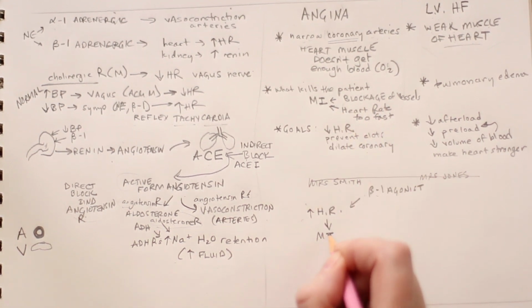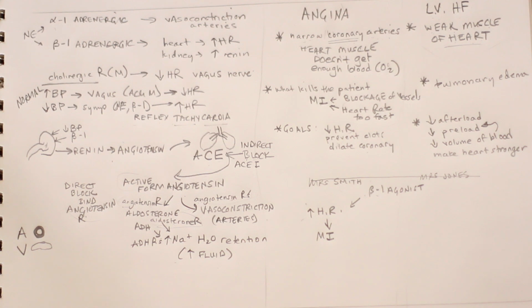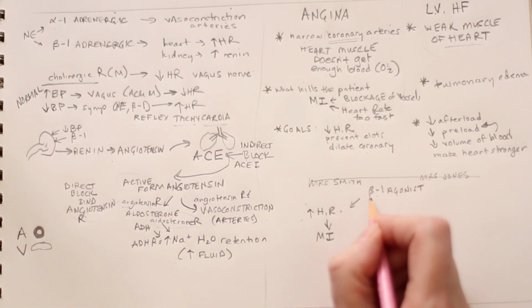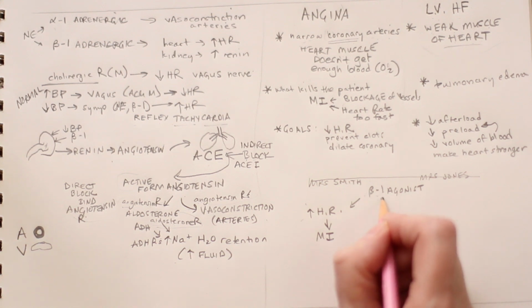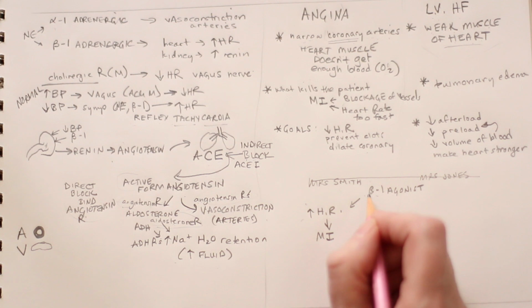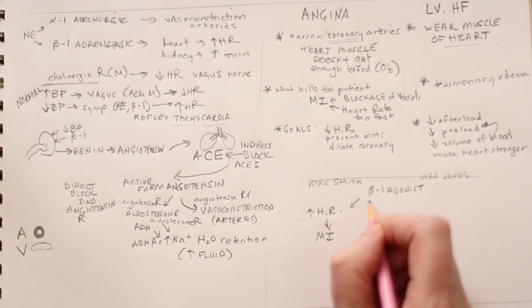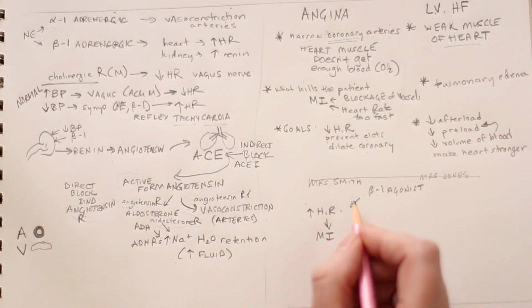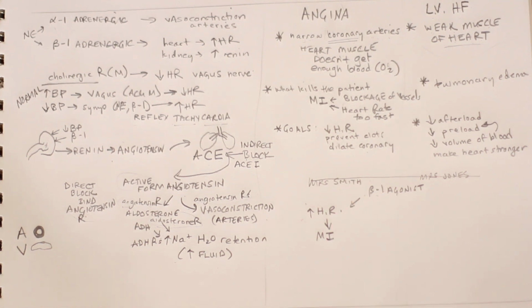Oh, that's not good. Now everyone is sad. Okay, but that's what kills Mrs. Smith. The specific mechanism is that you've given a beta-1 adrenergic agonist. It's going to only bind beta-1 adrenergic receptors, right? And those are only found in the heart and the kidneys, and that's going to kill her, is the MI.